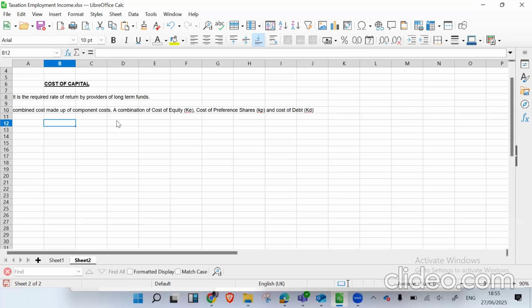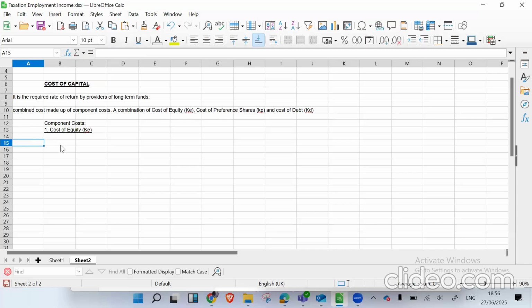So let's have a small subtopic on component costs. Under that, number one, we start with cost of equity, KE.